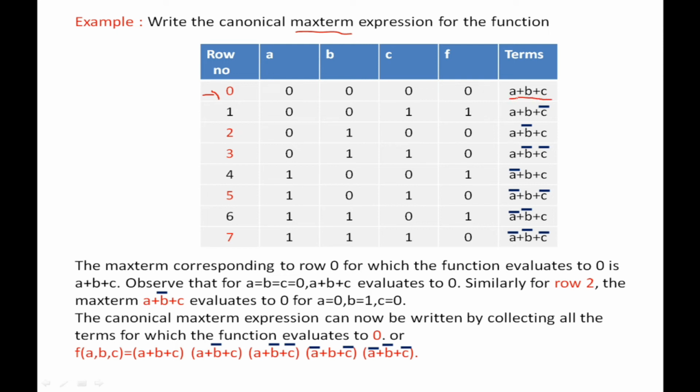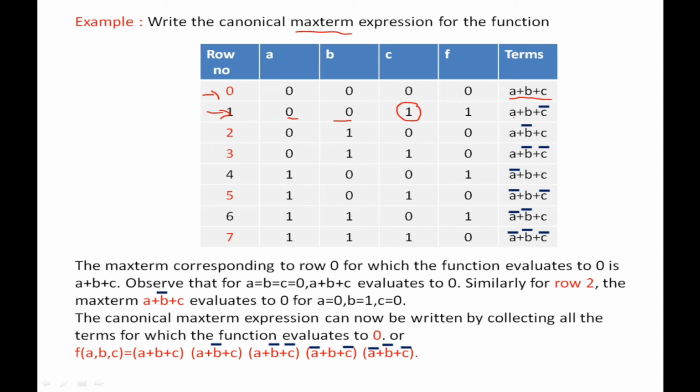Now if you look here, even though A is 0, we are not representing it as A bar. So in the max term, 0 is represented in uncomplemented form. In the second row, that is row number 1, C is 1, whereas A and B are 0 0.